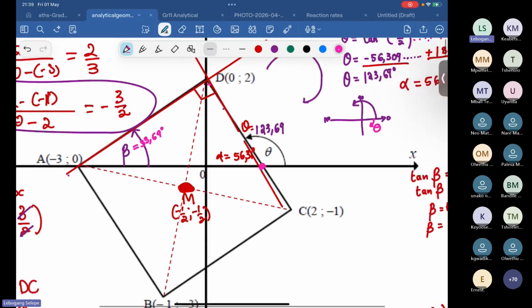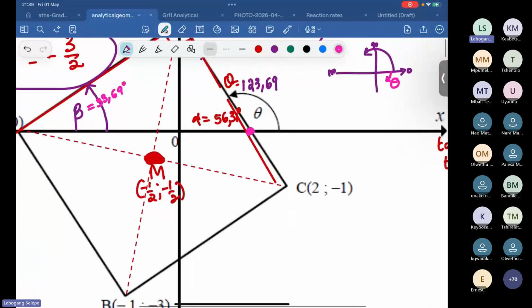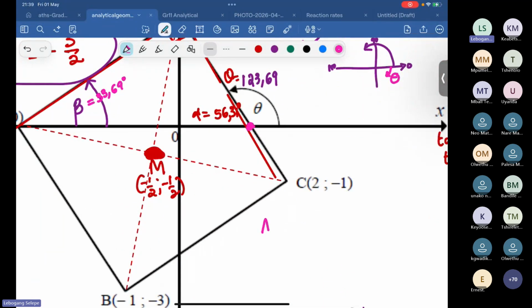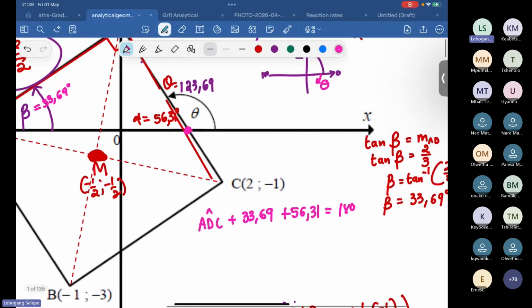So if you're using sum of angles of a triangle, we know that ADC, which is what we're trying to calculate, plus beta, which is 33.69, plus alpha, which is 56.31, that must give us 180, and that is the sum of angles of a triangle, right?